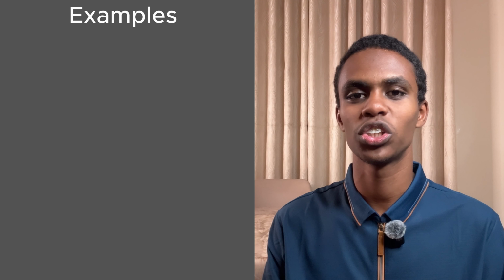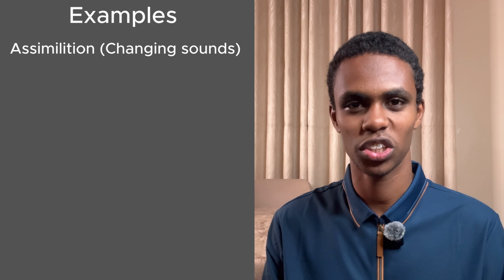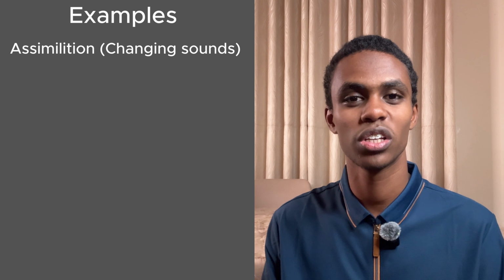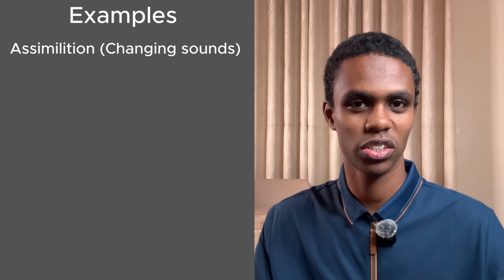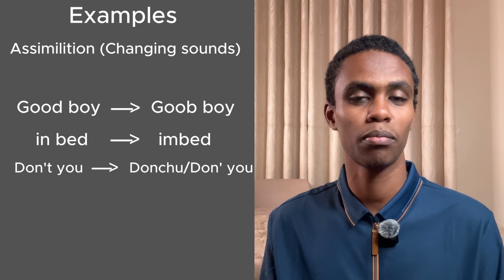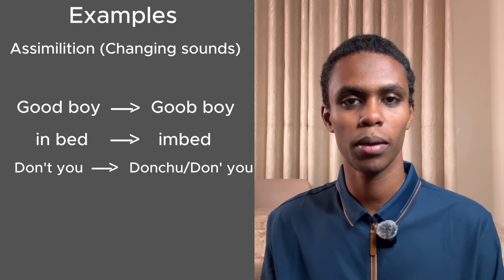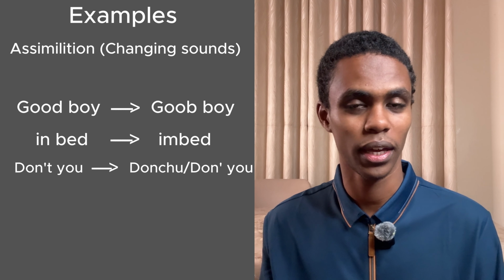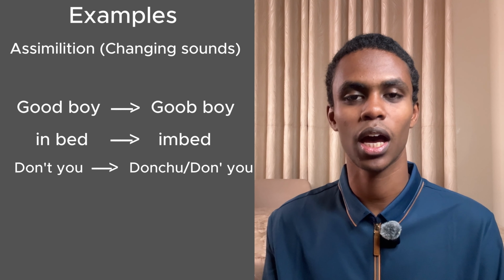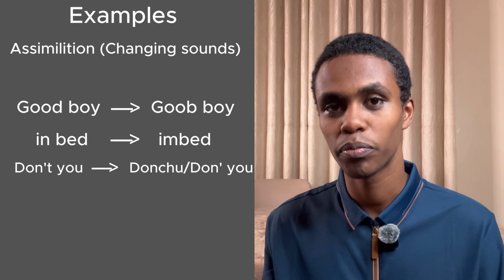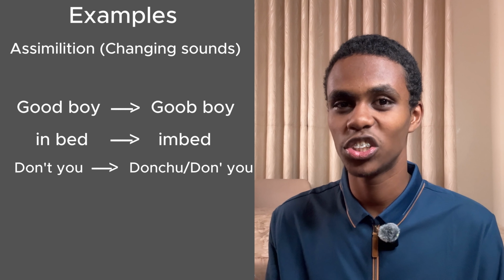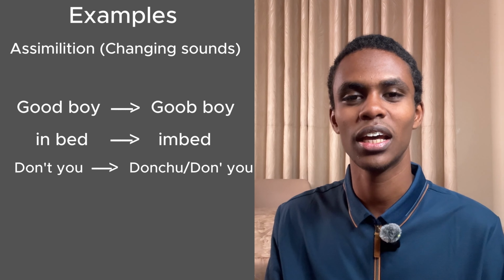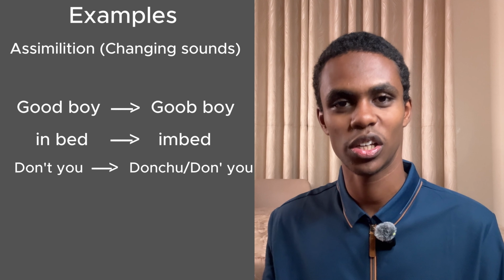Another way in which connected speech tricks us is assimilation. And this is where some sounds change to make them easier to pronounce the next sound. So, for example, "good boy" becomes "goob boy." So we have changed the d sound in "good" to a b sound.